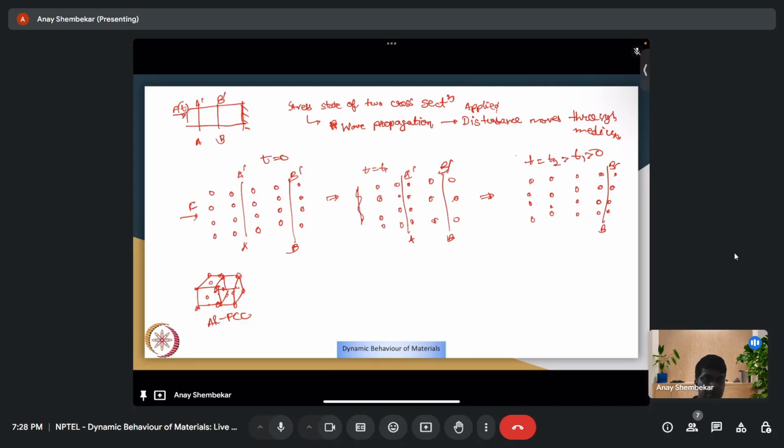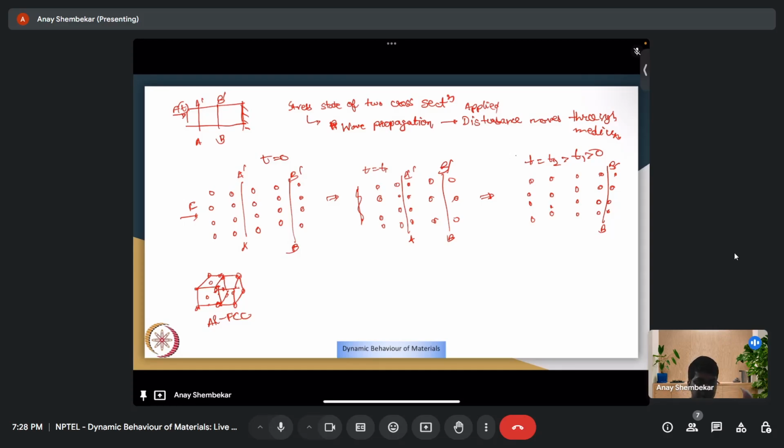So how this disturbance moves ahead depends on the mechanism of momentum transfer from one particle to the next particle. And that in turn would depend on what sort of stiffness the bond of the two particles have, and what masses those two particles have.